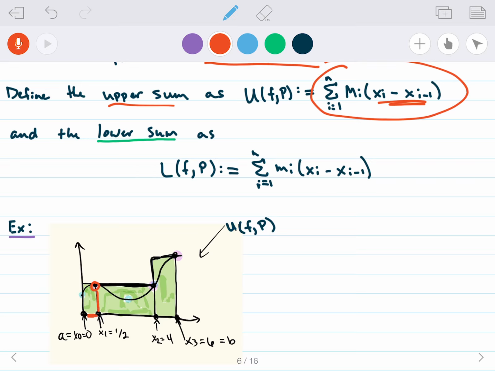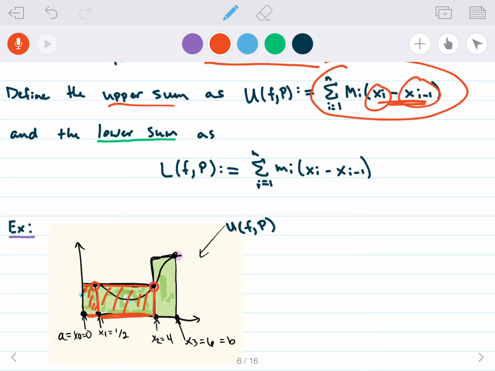And then I add on the next subinterval. The next subinterval I had is this rectangle right here, and then I add on the next one. So I do x2 minus x1, so that's this width times the height, and the height is going to be the highest point on this rectangle. So that's going to be this area.